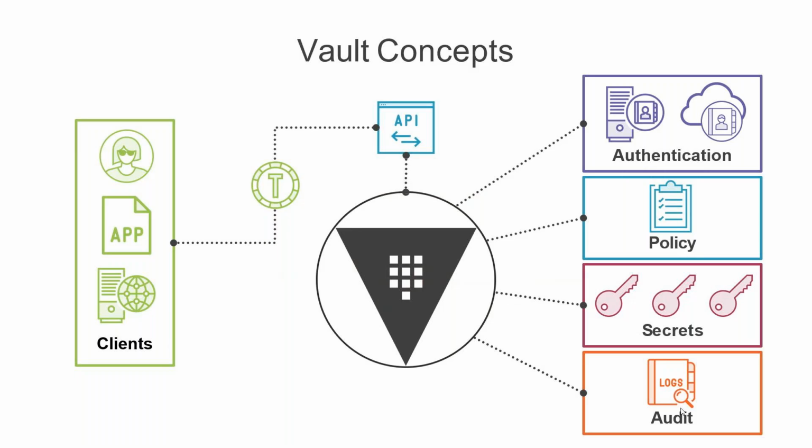Now this image is very important; you can think of it as the architecture. I'll discuss this a little later also, but look at this. In the center you have a Vault server, and then how can you access the Vault server? You have different ways to access it, like the command line, website, or API.